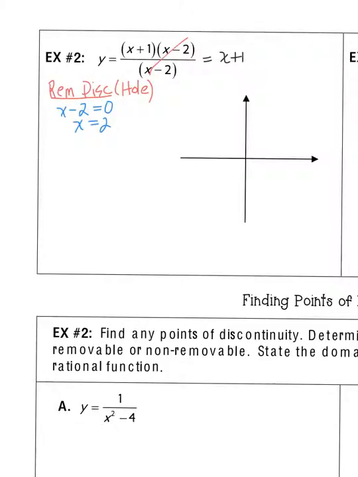So I'm going to take y equals x plus 1, and I'm going to put the 2 in here. So I get y equals 2 plus 1. And so my y value is going to equal 3. So my hole is at 2, 3.